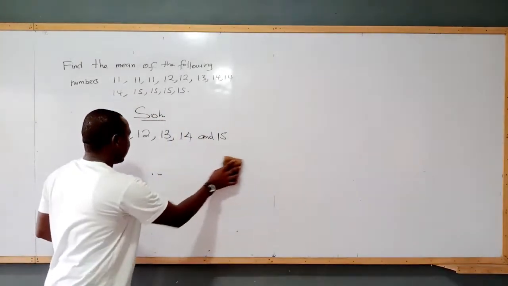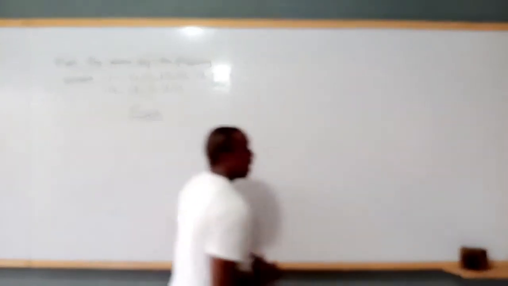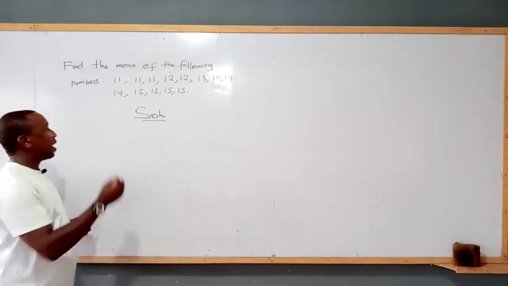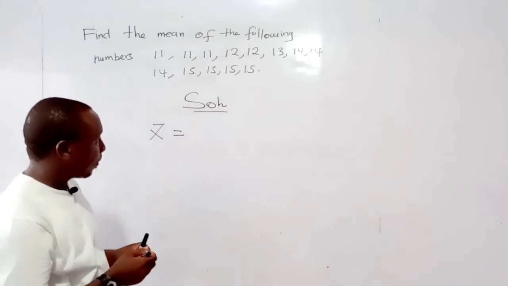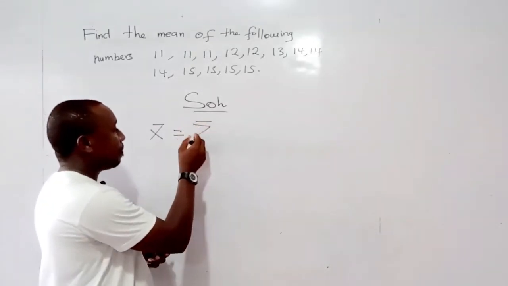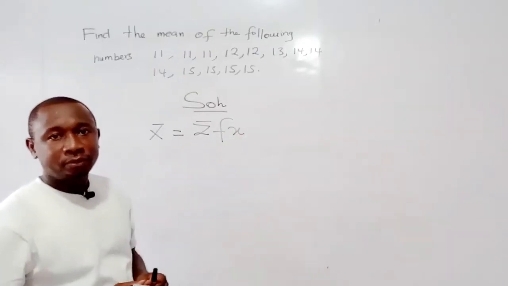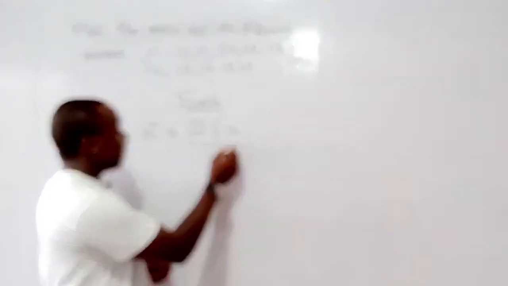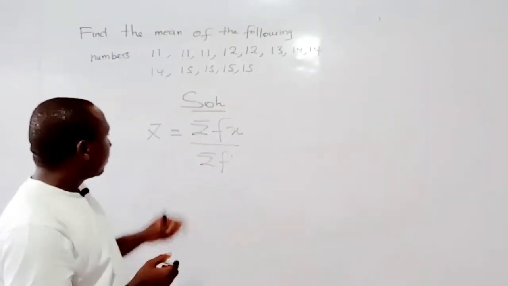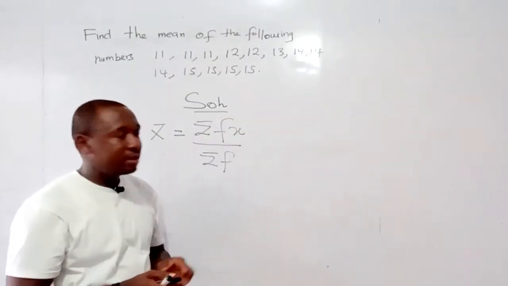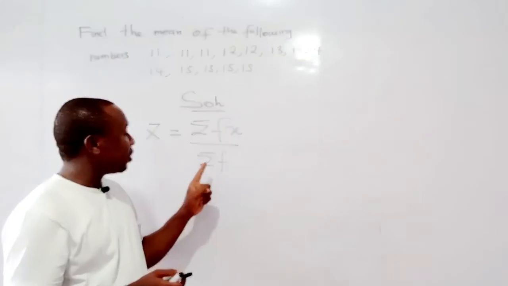We use the formula x bar is equal to the sum of all the fx divided by summation f. X bar is equal to summation fx divided by summation f.